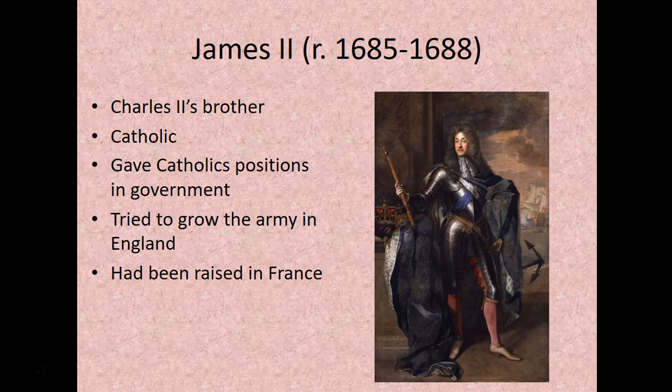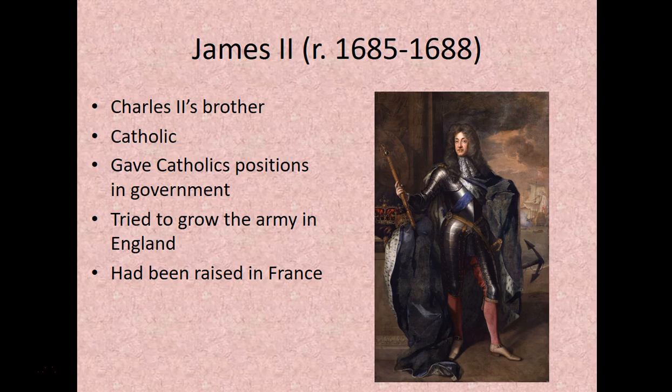James begins to put Catholics into positions of government. He removes laws that were discriminating against Catholics and other people who were not in the Church of England. And like Louis XIV in France, he tried to grow the standing army, right? He sees the threat of those nobles. He saw how they raised an army and were able to defeat his father's force.